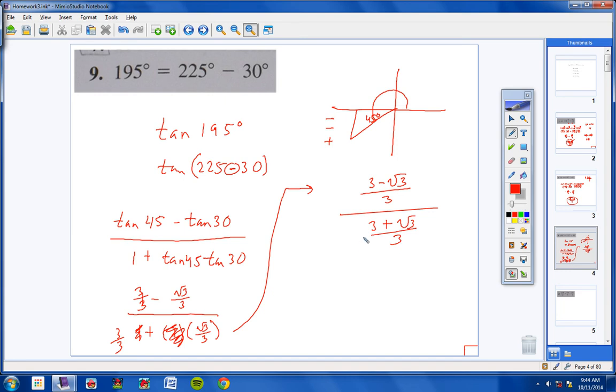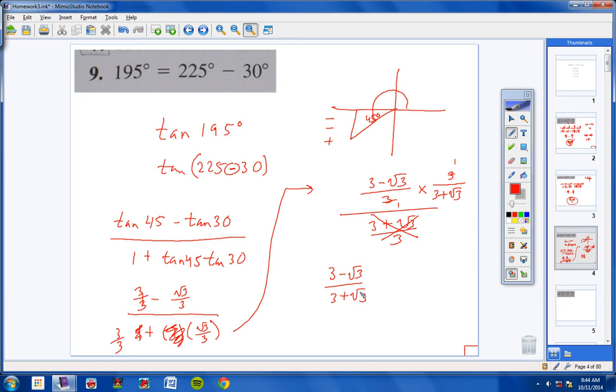Now, if you take your top fraction and you divide it by the bottom fraction, you're really going to just flip the bottom fraction and multiply. So you really have times 3 over 3 plus square root of 3. Okay, so I flip the bottom fraction and multiply it times the top. Your 3's would cancel, and you're left with 3 minus square root of 3 over 3 plus square root of 3.